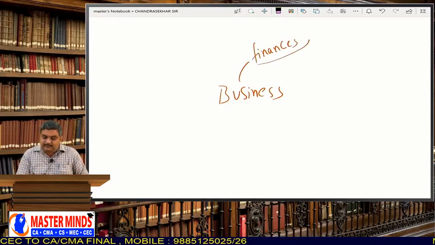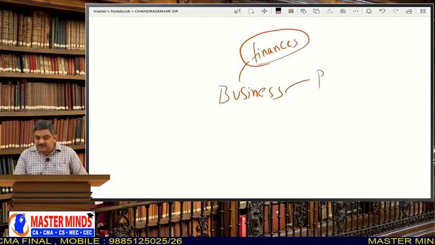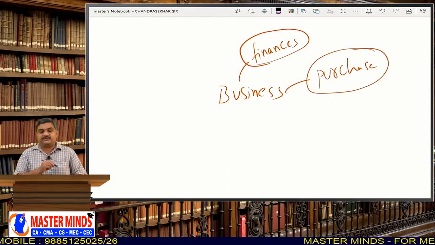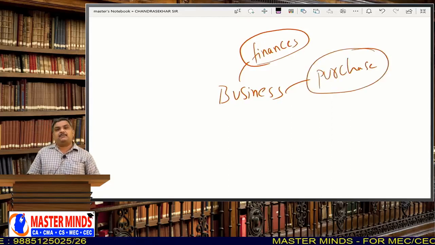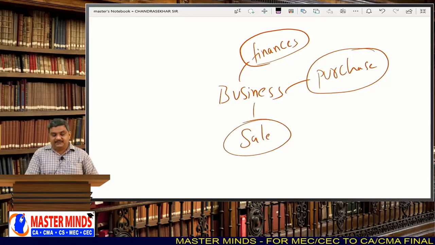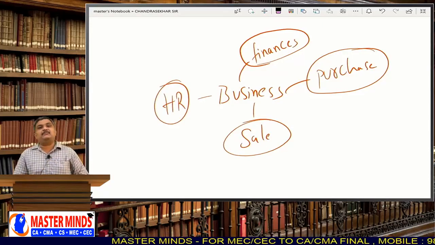And for that, we set up a finance department. And in business, there will be purchases, and for making purchases, we set up a different department. And there will be sales, looked after by a separate department. And there will be human resources, looked after by a separate department.